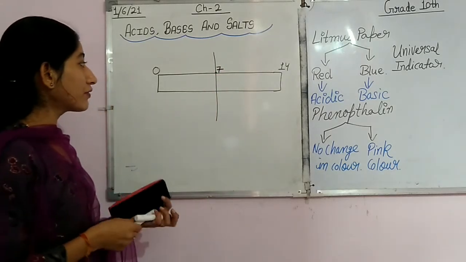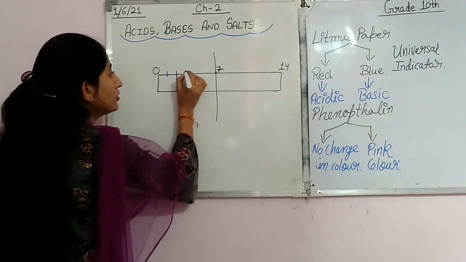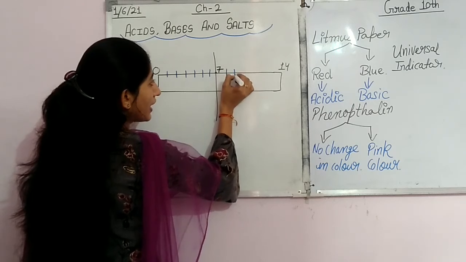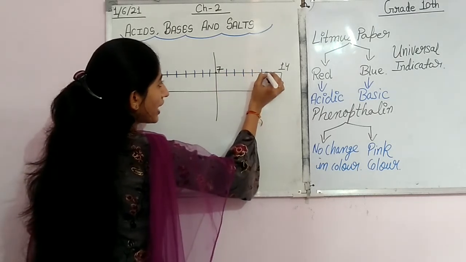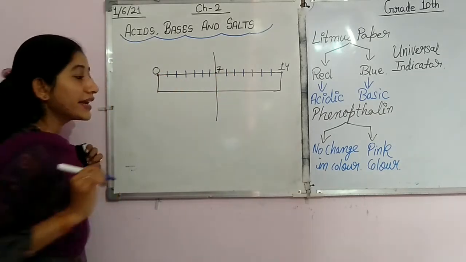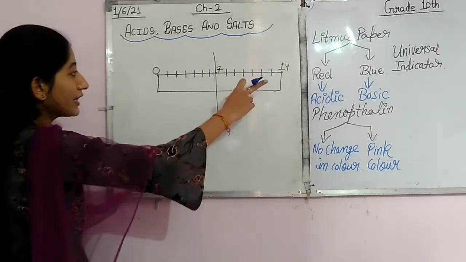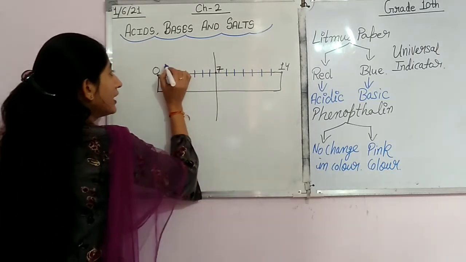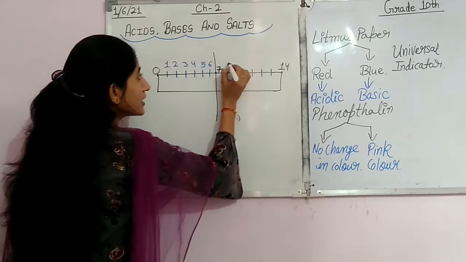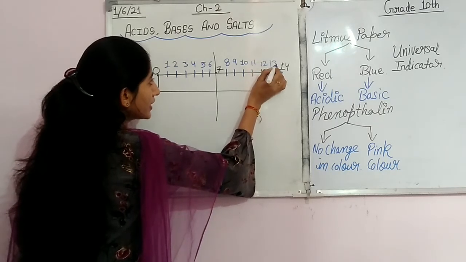The numbers are 0, 1, 2, 3, 4, 5, 6, then 7, 8, 9, 10, 11, 12, 13, and 14. So we have a scale called the pH scale, which ranks from 0 to 14.